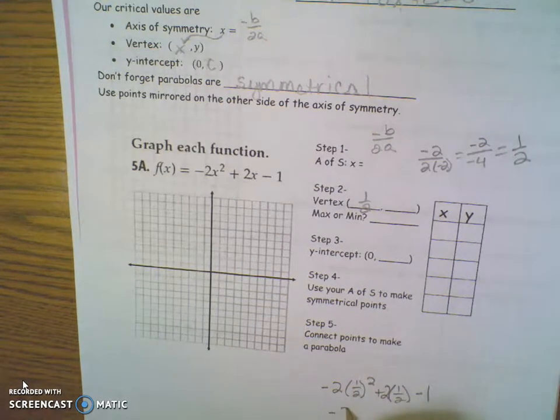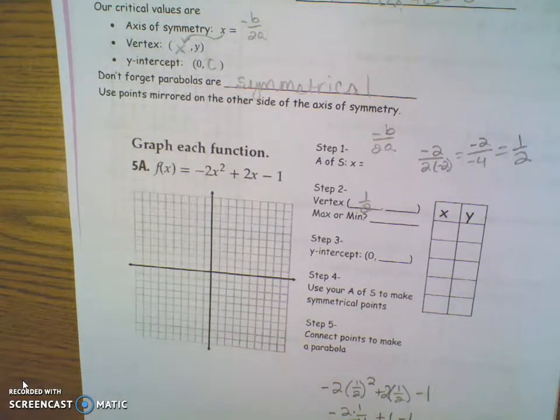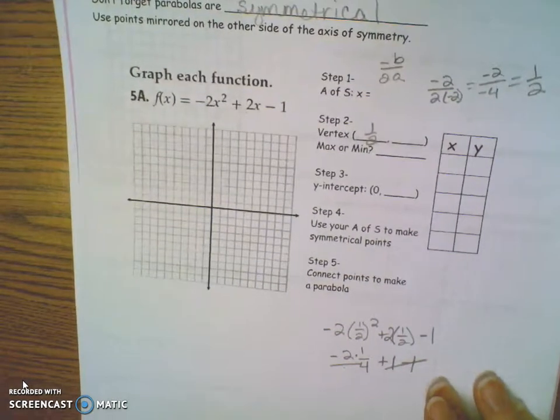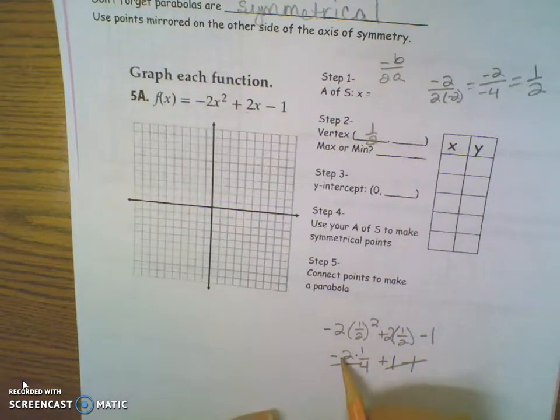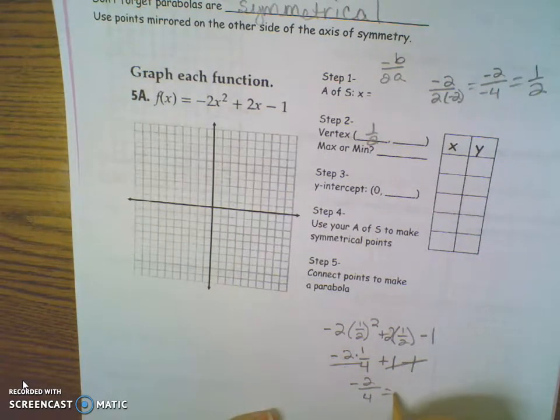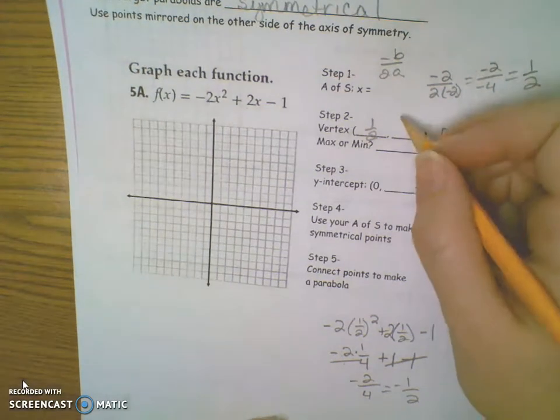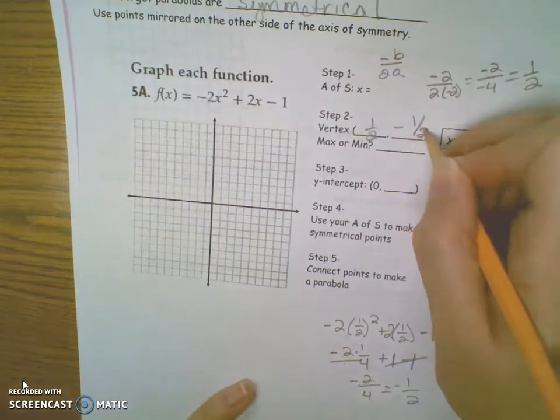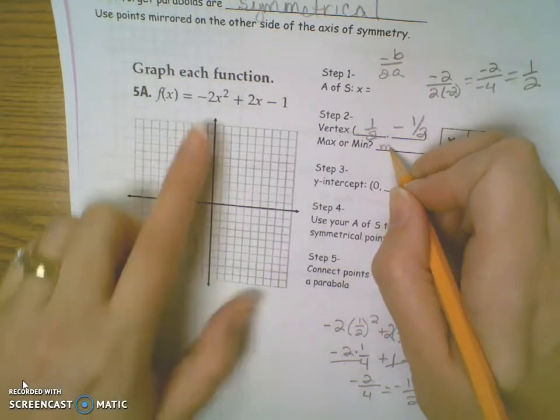This right here is negative 2 times 1/4 plus 1 minus 1. So plus 1 minus 1 cancel each other out, and this is just negative 2 times 1/4, which is negative 2/4, or negative 1/2. So this is negative 1/2, and that is going to be a maximum.